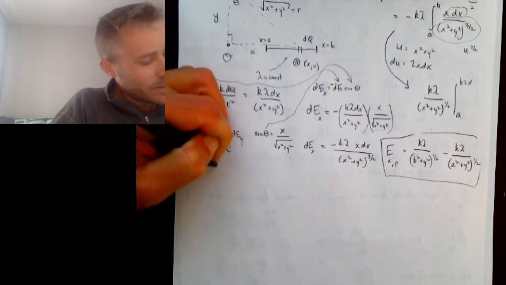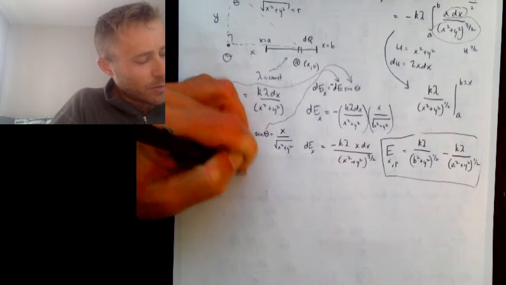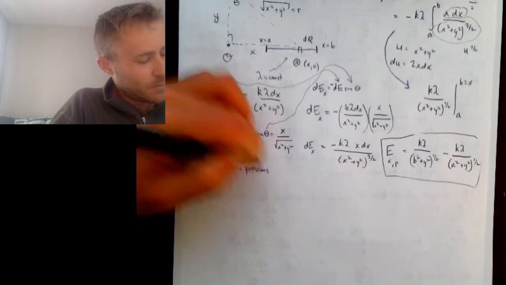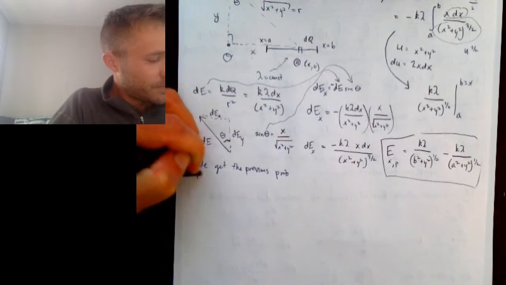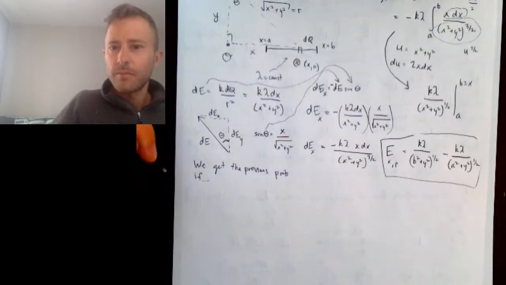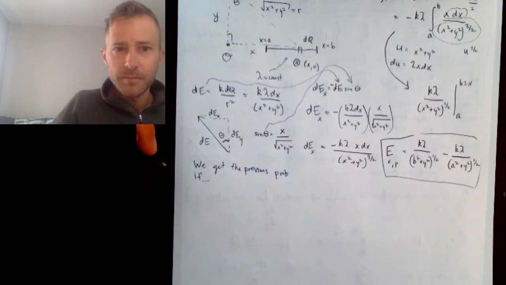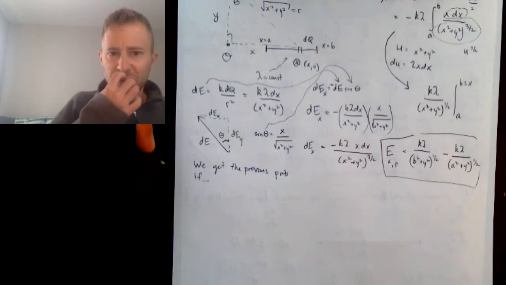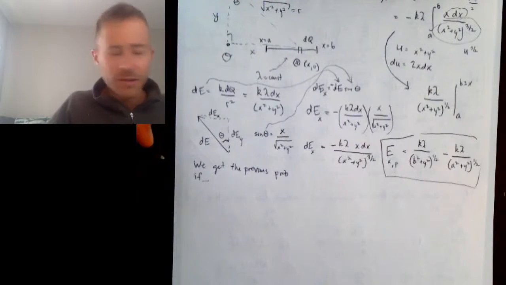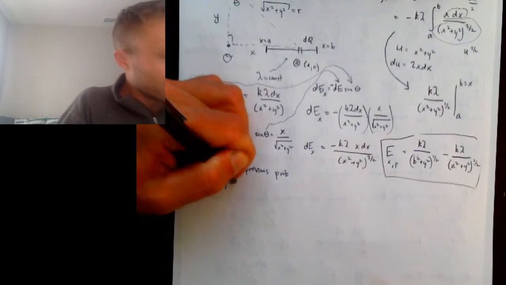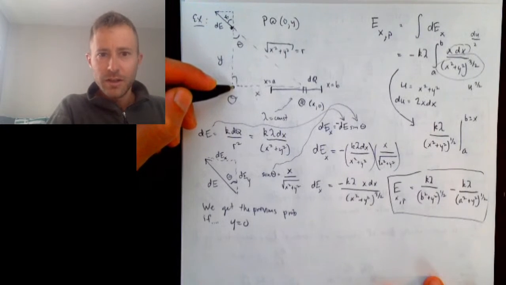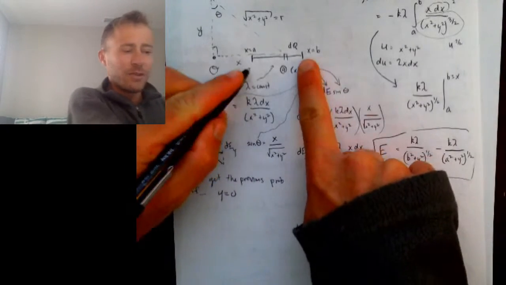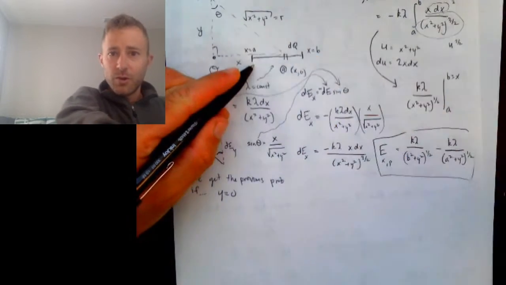So we get the previous problem if, I guess no one wants to answer. Oh, okay, very good. Yeah. If y equals 0, so y equals 0 will mean that this point is down here at the origin. And then the other side of this charge distribution has to go all the way out to infinity.